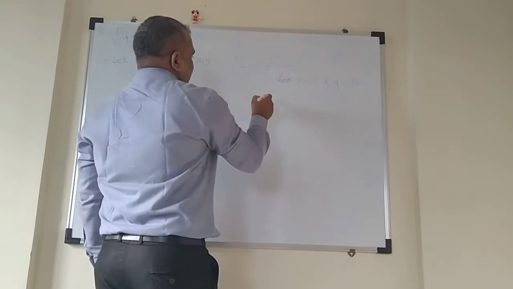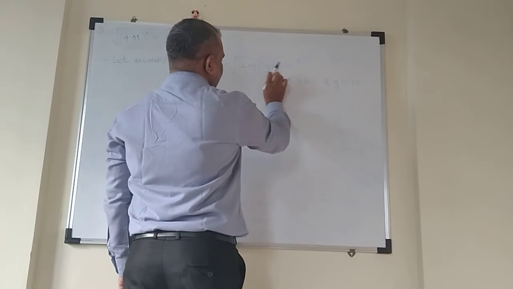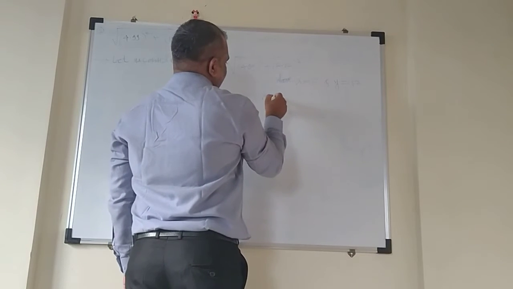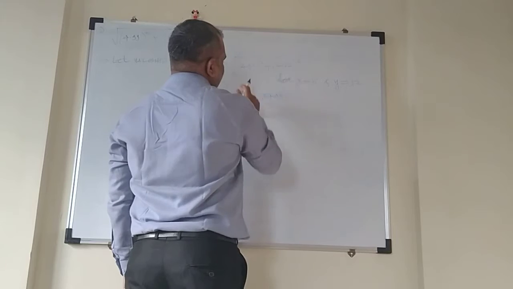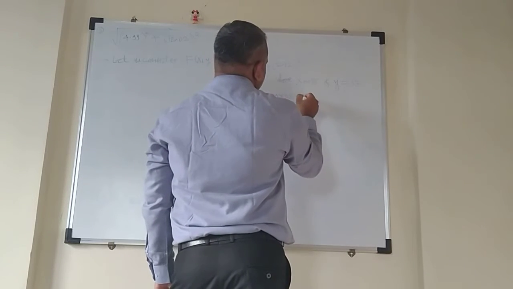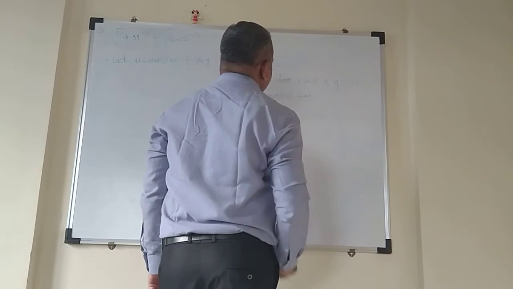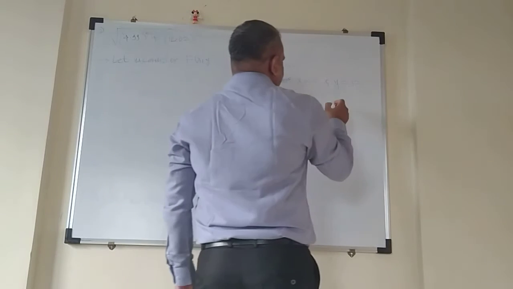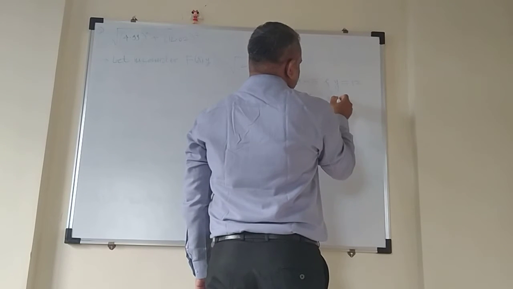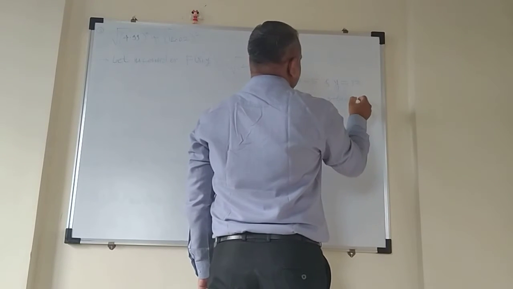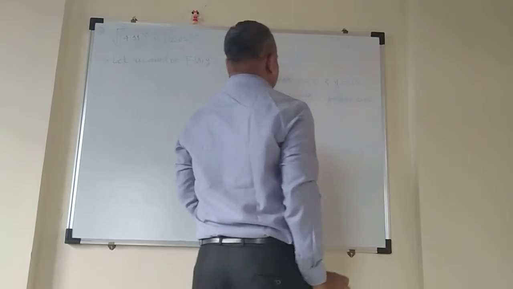Fine. So let us calculate the value of x plus delta x. Now x plus delta x is equal to 4.99, and y plus delta y is equal to 12.02. Done.